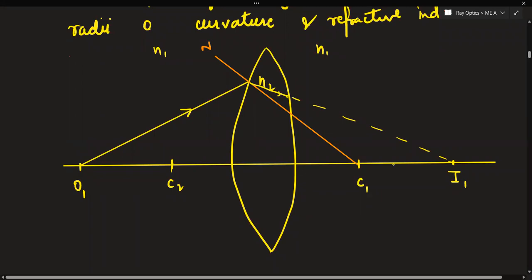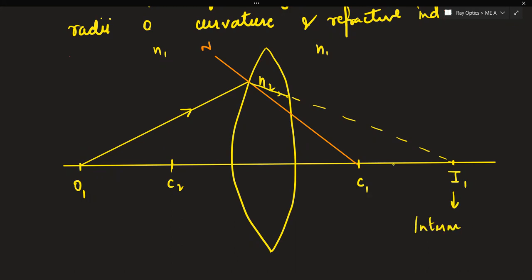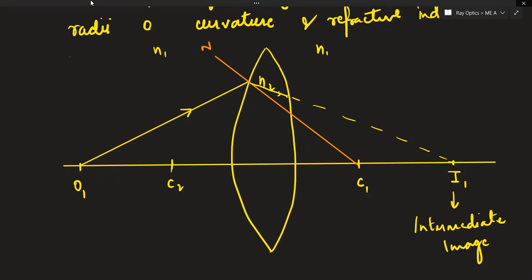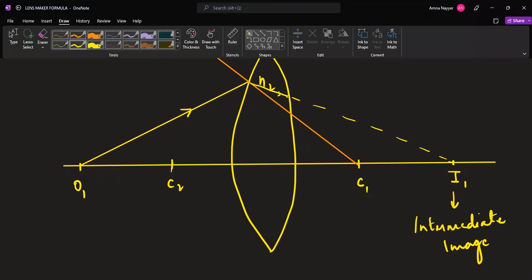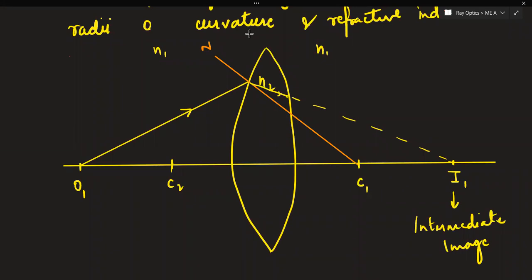Now this intermediate image, you can say temporary image or intermediate image, will act as a virtual object for this second spherically refracting surface. Because of this second image that has been formed here, you will get a final image. Let's say the final image is somewhere here. So this is how refraction occurs in a lens.